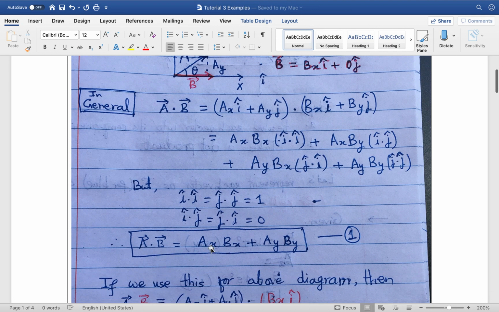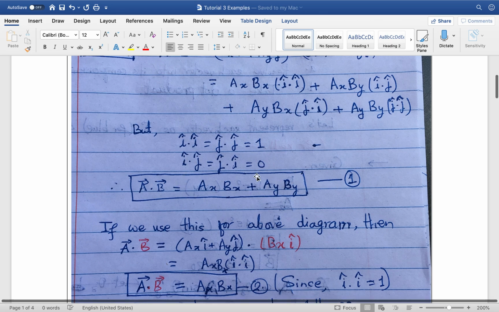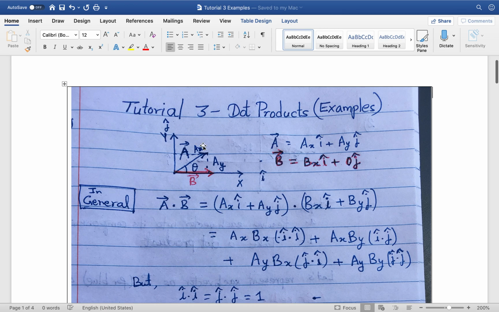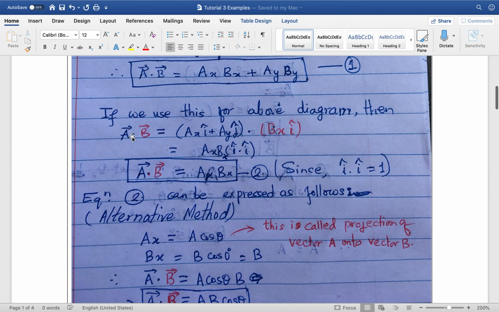So a dot b is just ax bx plus ay by. Okay, so that is in general how the dot product is written. This is called the component form. If we use this for our diagram above, we get a dot b equal to the components of vector a dot the components of vector b.